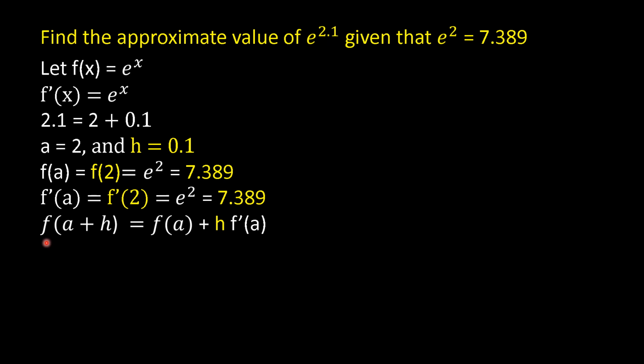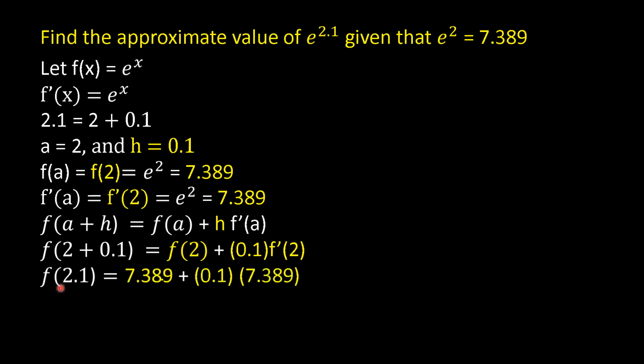Now we will apply the estimation formula f of a plus h equals f of a plus h f dash a. We will substitute the values. We write f of 2.1 equals f of 2 is 7.389 plus 0.1, because h is 0.1, multiplied by f dash 2, which is 7.389.